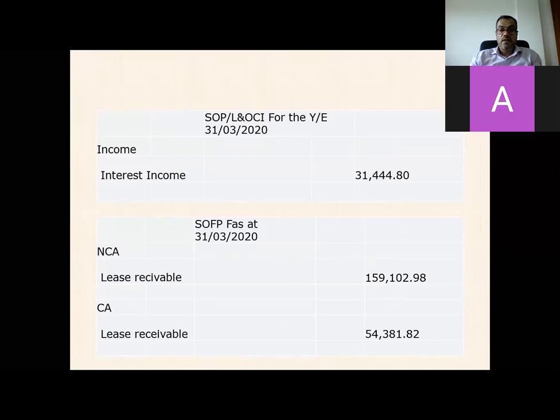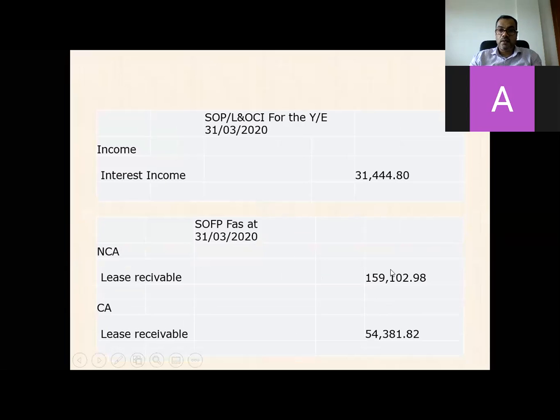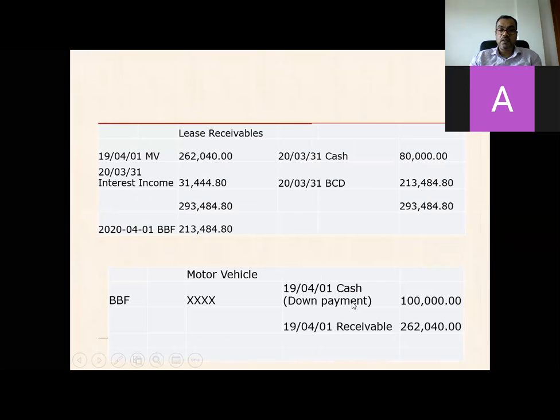Instead, it's recognized as a lease receivable. What is the amount? The carrying amount, 213. Yes, 213 is divided into two. Non-current is 159. Current is 54. Summation of these two is 213.